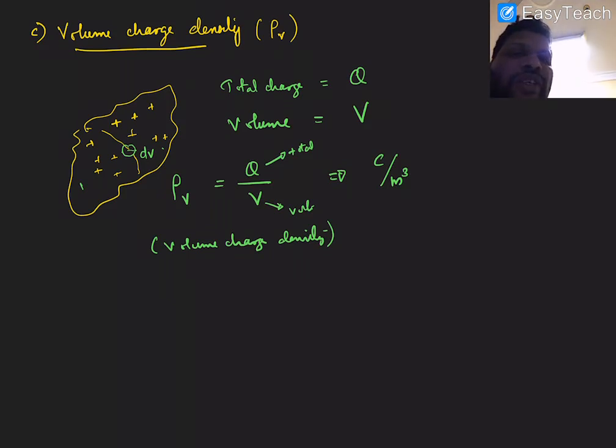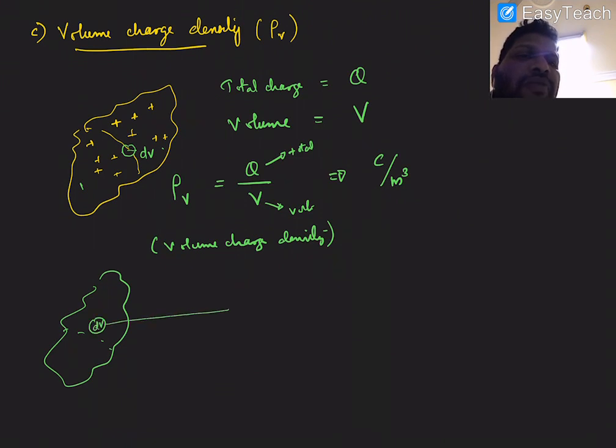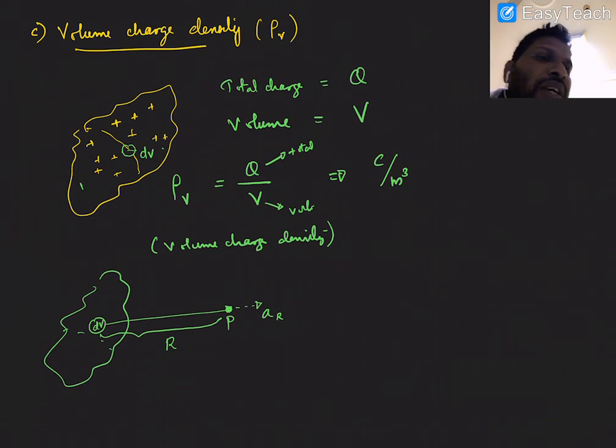So if you consider a volume like this, and a differential volume dV, then it will create some electric field at the point P in this direction. Let's say the distance between this point P and this differential volume is R, and the direction of this is given as AR.